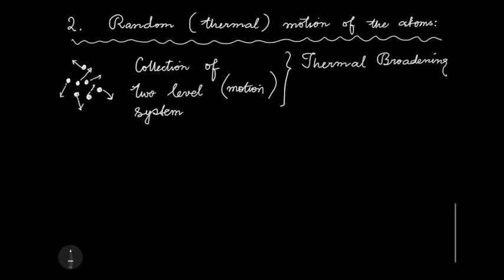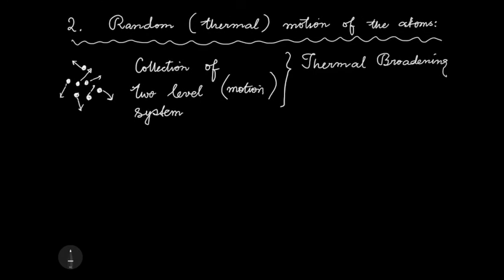So it's not natural to each of them, it's natural to the collection. That's why it's not called natural broadening. It's called thermal broadening. And the type of line shape function you get because of thermal broadening is written here. I write this with T.